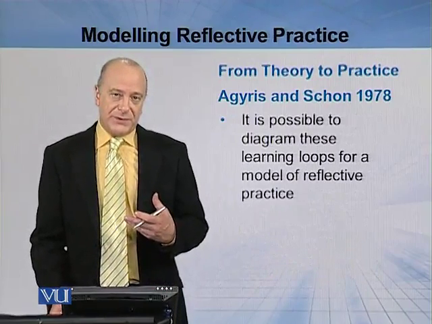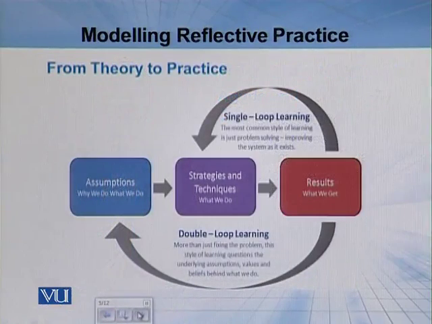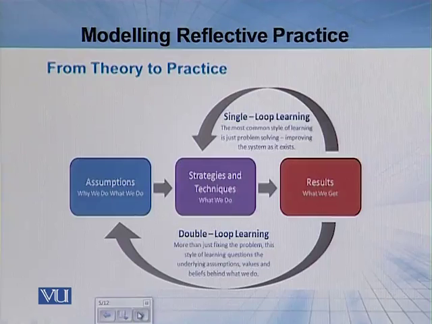And it's possible for us to look at this in a very simple diagram. We can see here that single loop learning just takes one step back from the results, the event, the experience that the teacher has, through to strategizing approaches to deal with that event in the future.